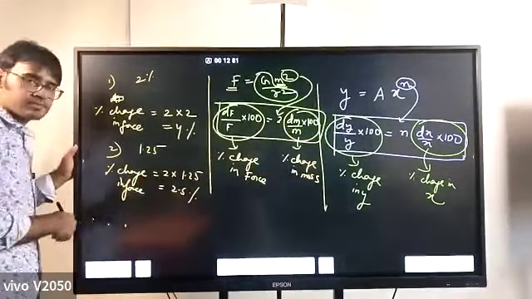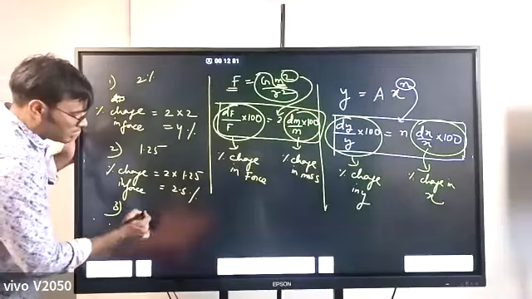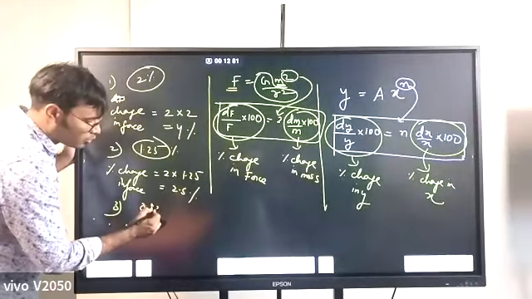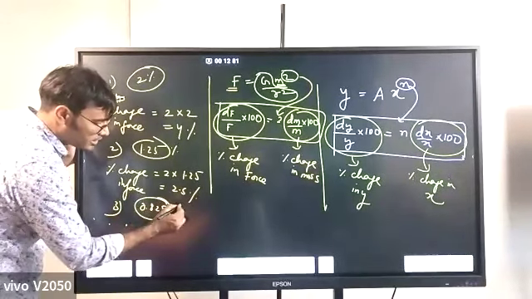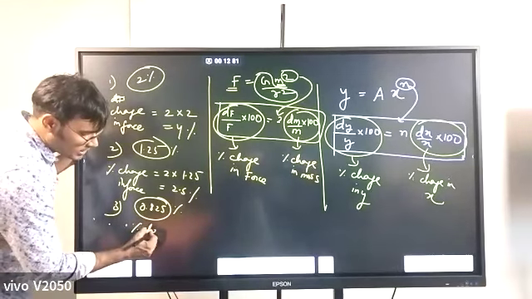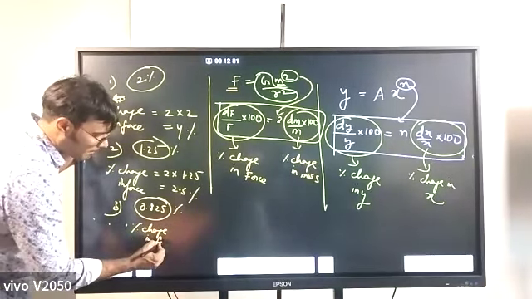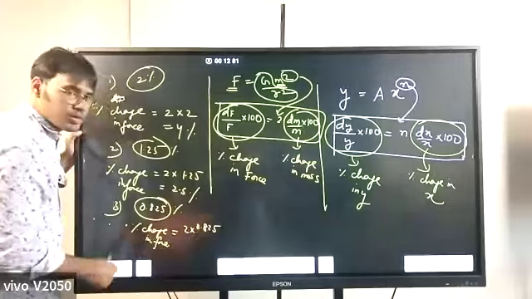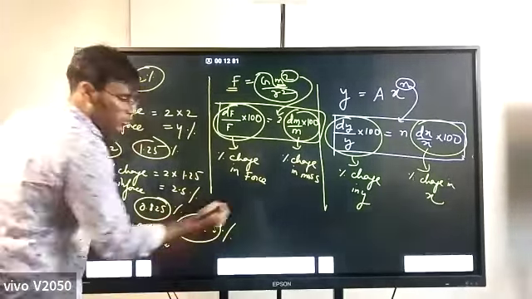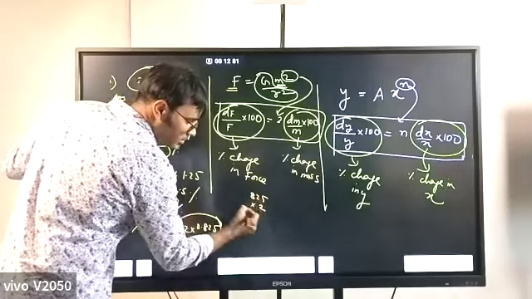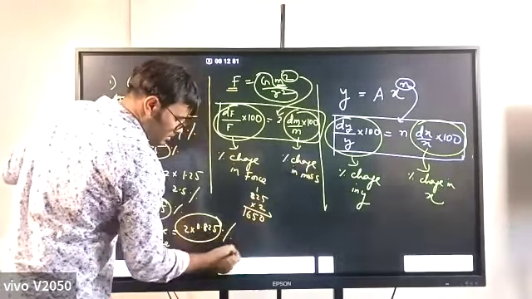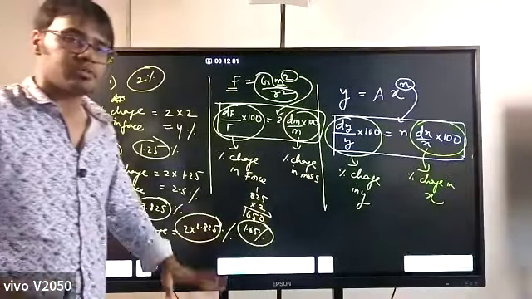Third one, if it is given as 0.825%, this also you can do fast. Percentage change will be 2 into 0.825%, which will be 1.65%. Very easy. Again, this is approximate, but good approximation.